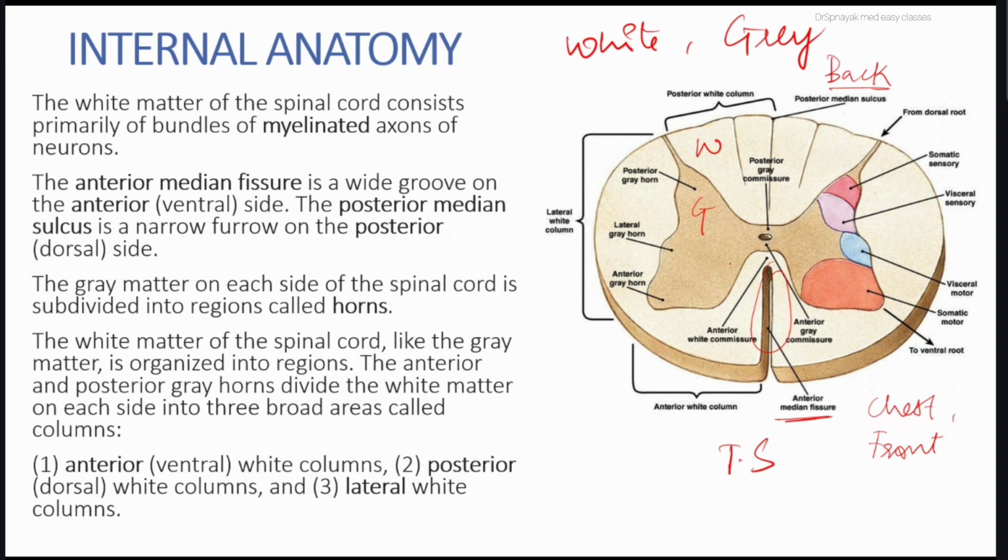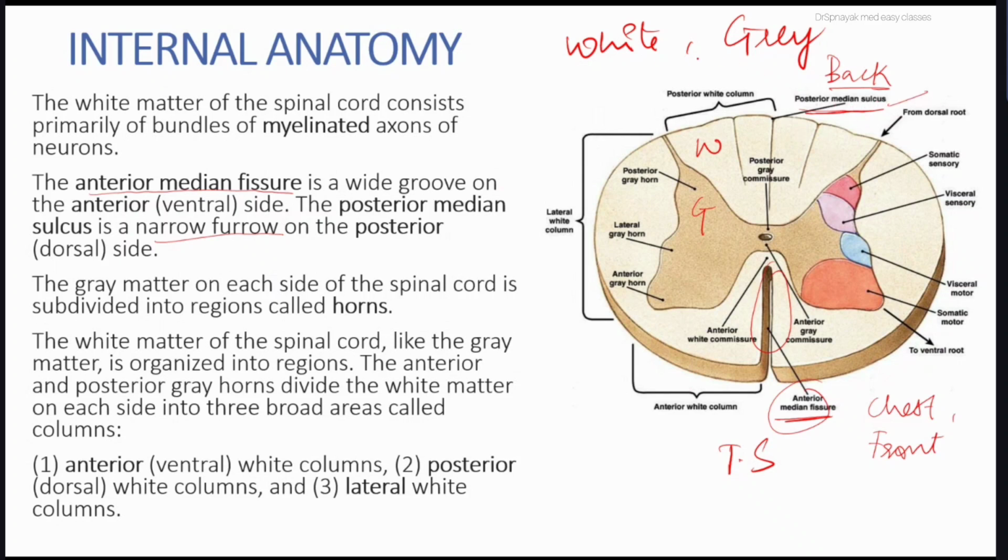So when we view from the anterior side, we notice a wide groove or a wide fissure, also known as the anterior median fissure. And on the posterior side, we notice a narrow furrow, which is known as the posterior median sulcus. The anterior fissure is known as the anterior median fissure, and on the posterior side, we have a narrow furrow, which is known as the posterior median sulcus.